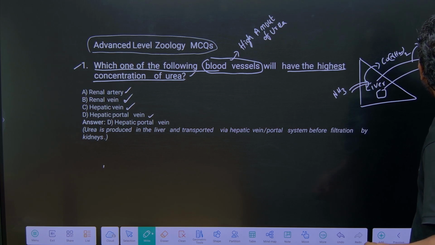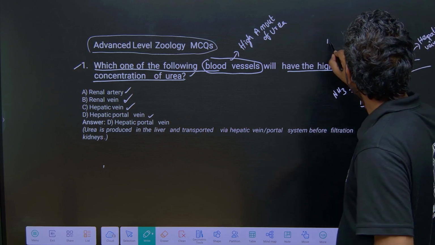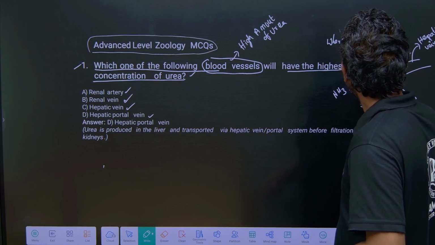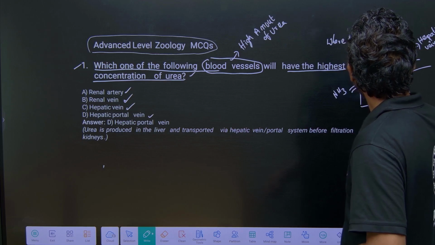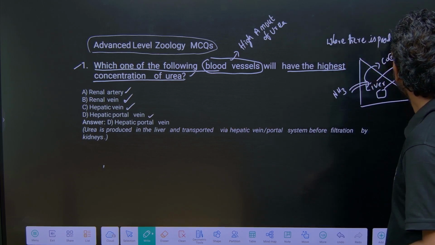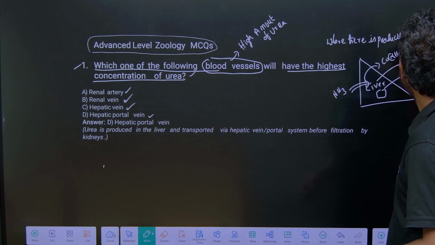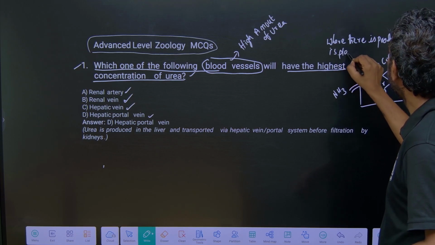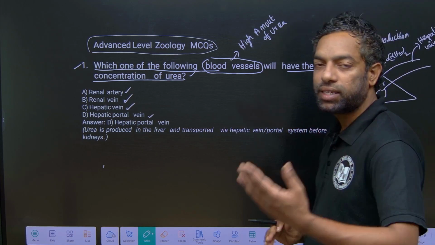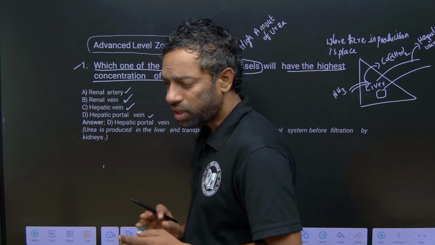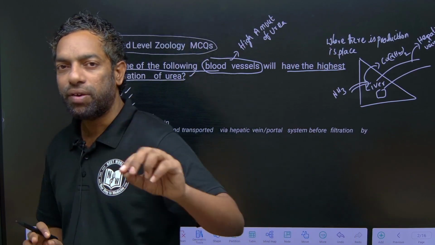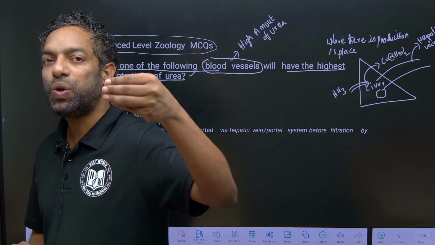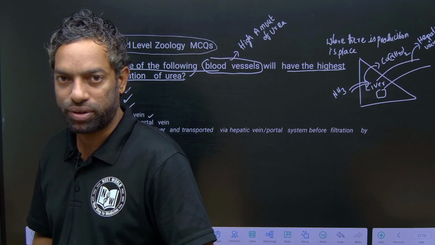Hepatic vein. So, where does the production take place? That is the place with the highest chances. So, the hepatic vein, which is directly connected to the liver, carries the highest amount of urea.